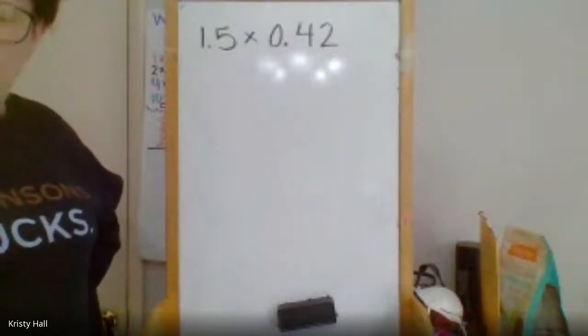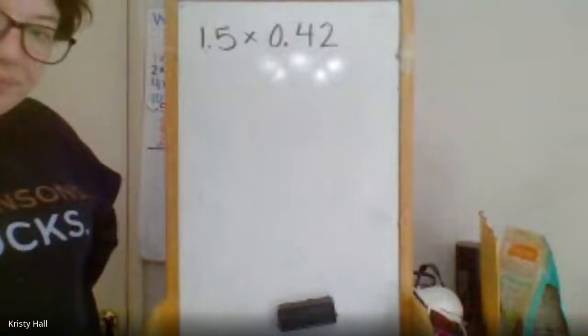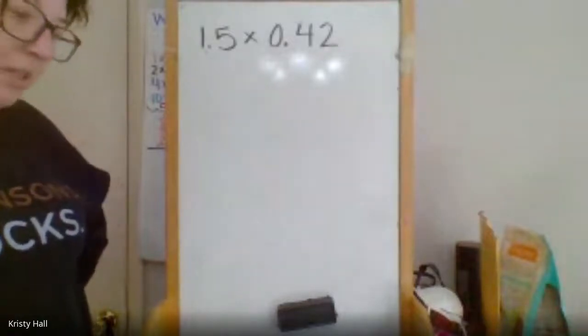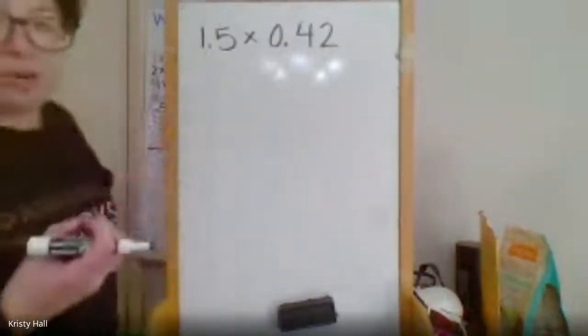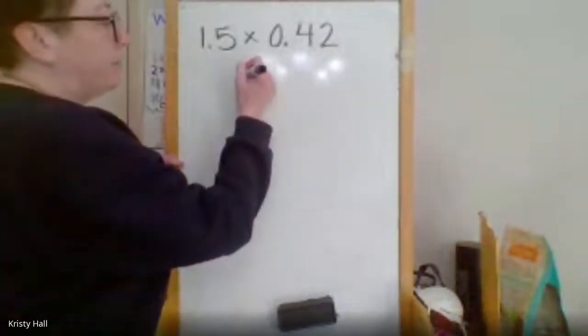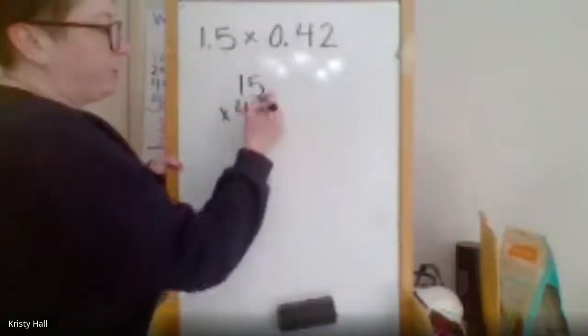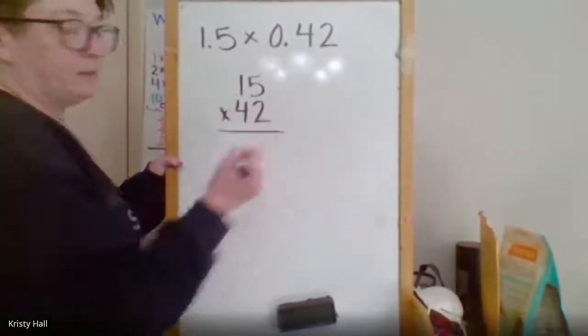Okay. So to multiply, it's been a while since we've done some of these. Remember, I'm going to pull out the decimal and I'm going to set them up in a standard algorithm. So I'm going to write 15 times 42 like this.